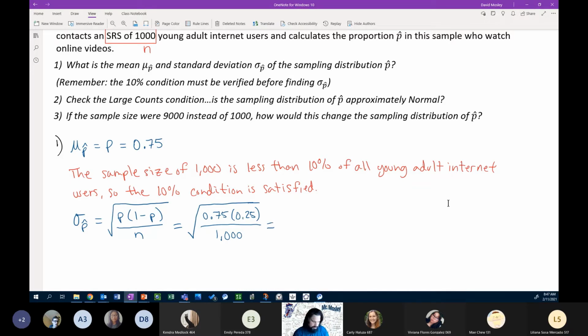And when we do that, we get the result of 0.0137.